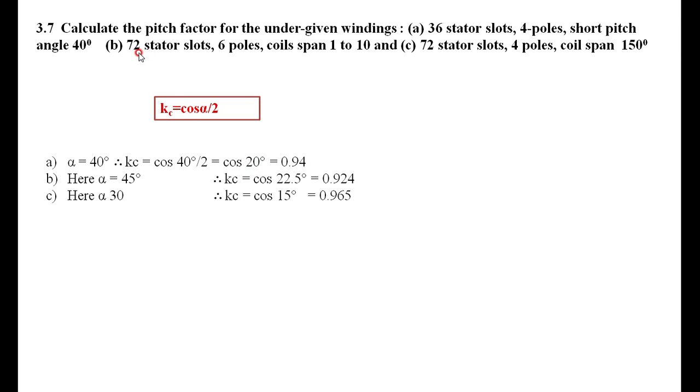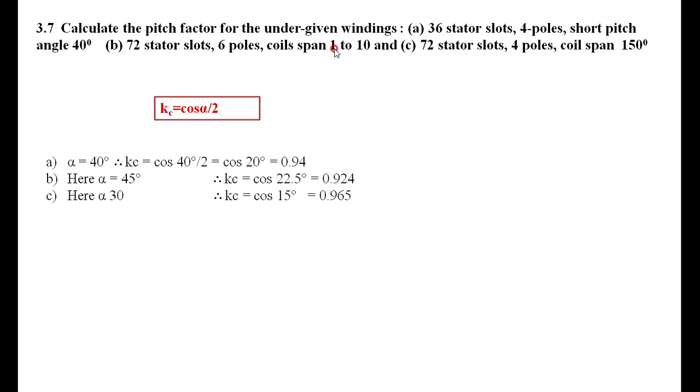Second one is 72 stator slots, 6 poles, and coil span is 1 to 10. Here he has not given the coil span in terms of angle, but in terms of the number of slots, that is between 1 and 10 there is a coil span.